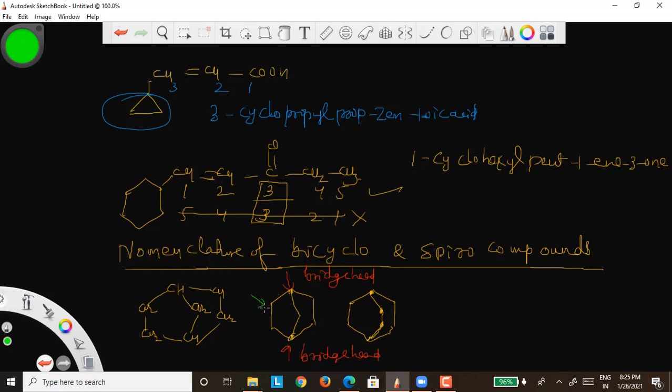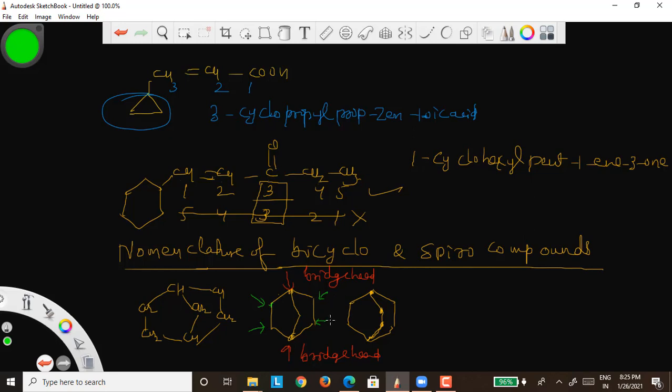What about this one? Is this bridgehead? No, this is not bridgehead. This is not connecting two rings with the help of a bridge. This is also not bridgehead. This is also not bridgehead. And these are called what?